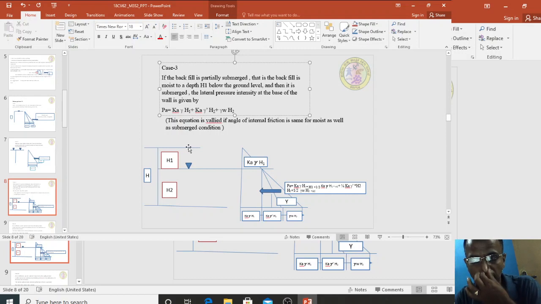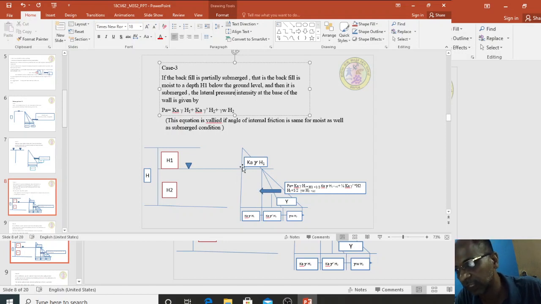Whenever you have two cases, we should understand the angle of internal friction for H1 and the angle of internal friction for H2. Suppose the angle of internal friction for H1 and for H2 is one and the same, then the following equation we have to use.